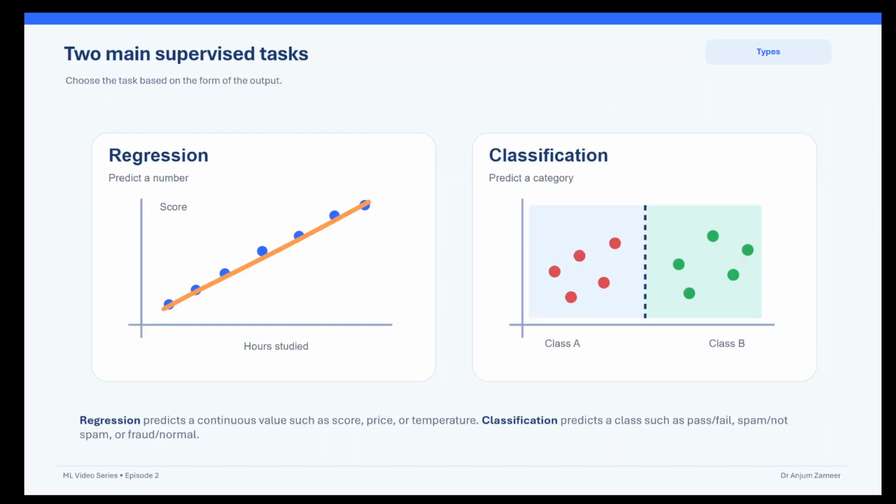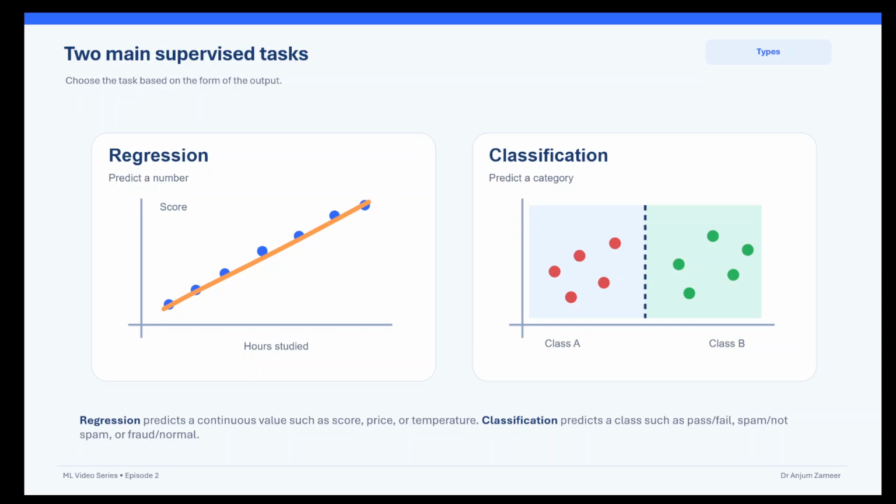And then we have discussed it already, regression and classification. Regression will gradually increase as the number of hours studied is increasing. We can see it is having a similar increase in the scores as well. So you can see that line which is increasing.